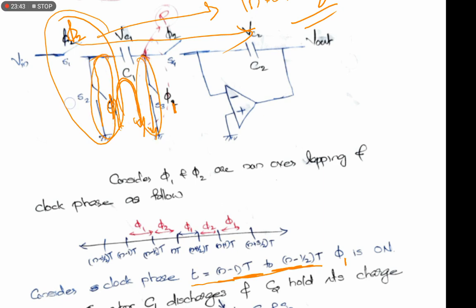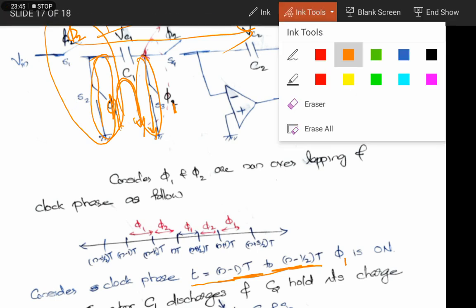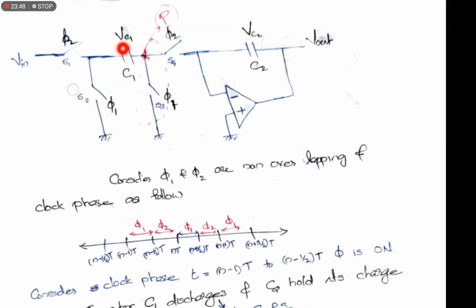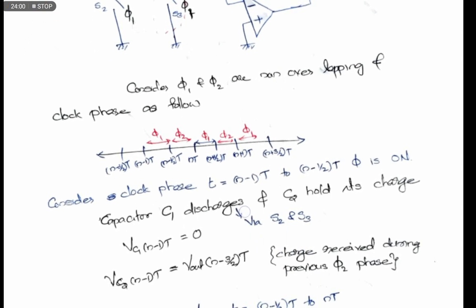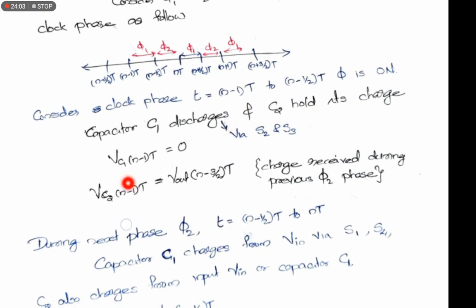And while charging, when phi 2 is on, the capacitor C1 charges from Vin, and the same is supplied to capacitor C2. So during phi 1, Vc1 of the capacitor is 0, and Vc2 of (n minus 1)T is the same as that of the previous half cycle, not full cycle, Vout of (n minus 3/2)T.